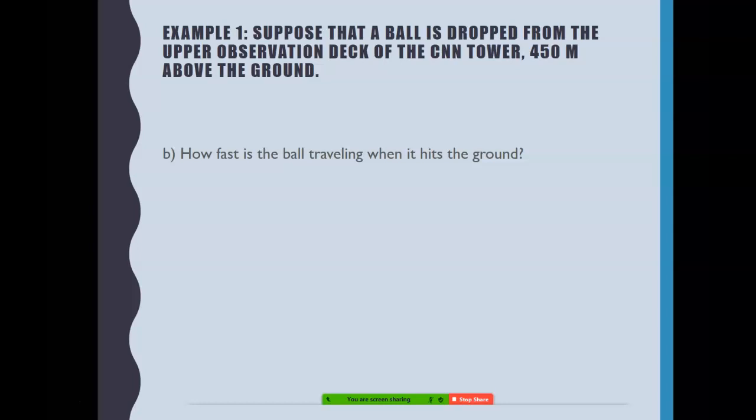So the time that it hits the ground would be when s of t is equal to 0, because I need the position to be 0. So I'm going to solve for t.